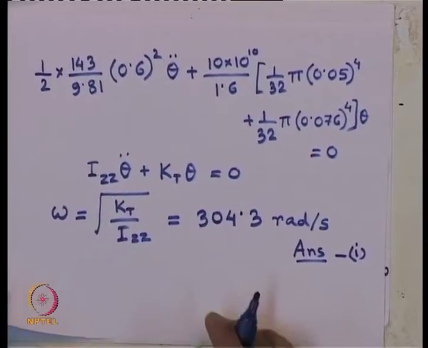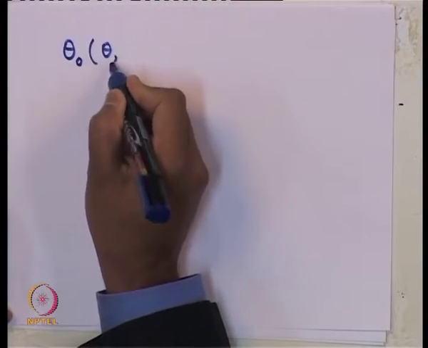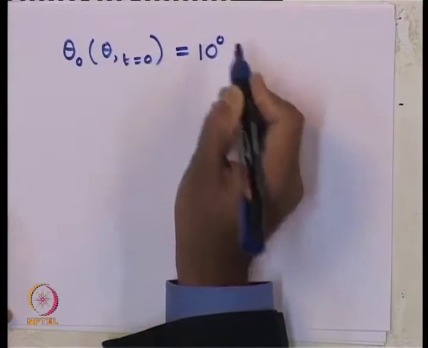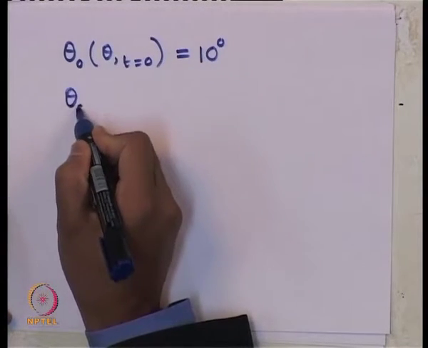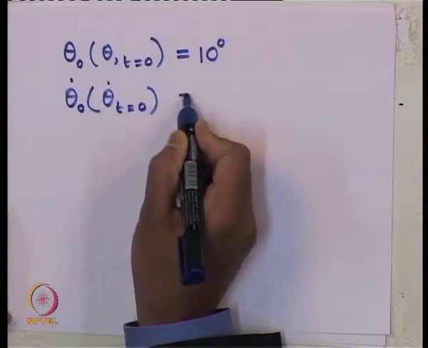Now, in the second part, it says that the disc is twisted by 10 degrees initially and then released. So, in this case of free vibration, an initial rotation has been provided. So, theta naught, that is theta at t equals 0, is given to us as 10 degrees, and nothing is mentioned about the velocity. So, we can consider theta naught dot, the velocity at time t equals 0, as 0.